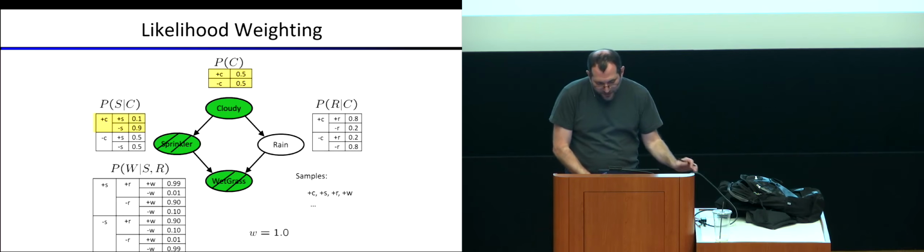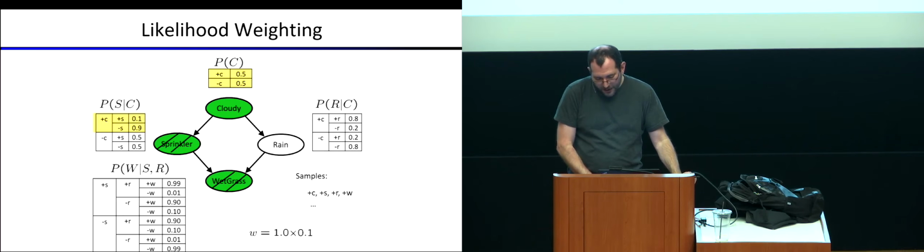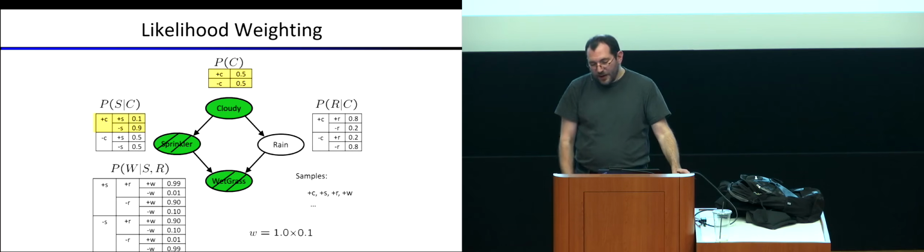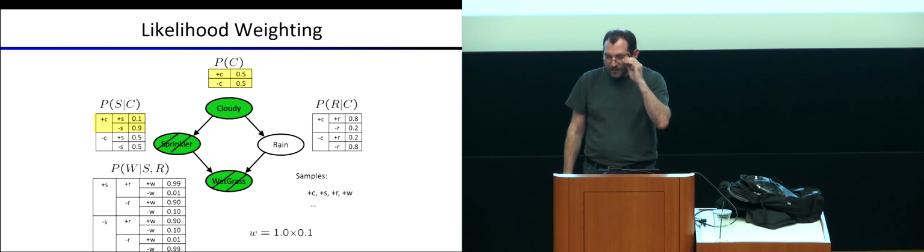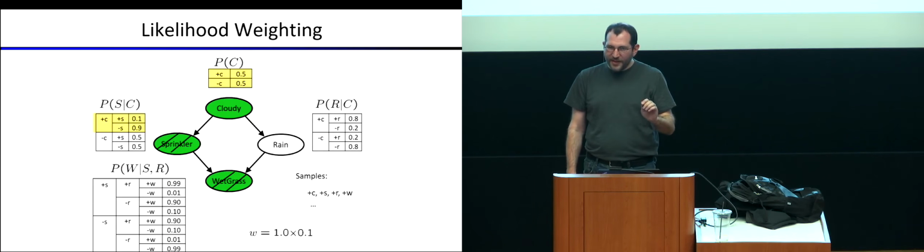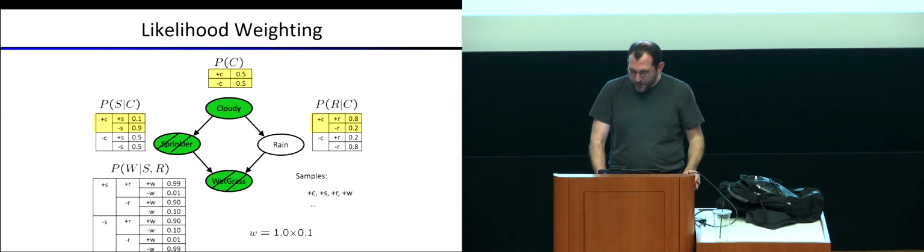So when I go through, I'm going to multiply in, I'm going to rig this node, and every time I rig a node, I'm going to multiply the weight of a sample that begins at 1 by the probability that the thing that I rigged would have actually happened.